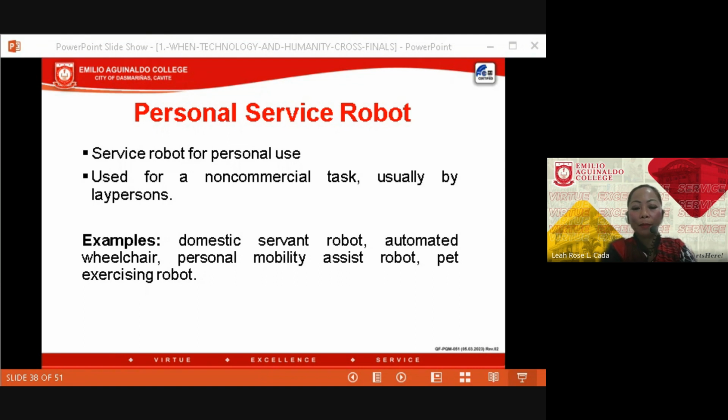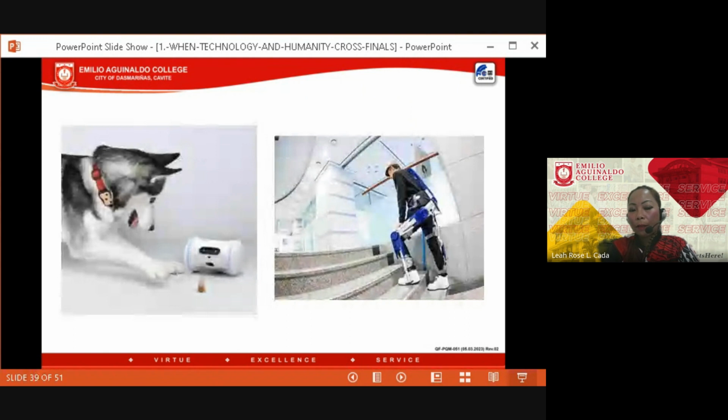The name is at the tip of my tongue. Stephen Hawking, yun. Di ba yung wheelchair niya is a special device na yun nga, it could take him to places and nakalagay na rin doon yung small computer device wherein he could speak and converse with people. Okay, so personal mobility assist robot, that exercising robot then.